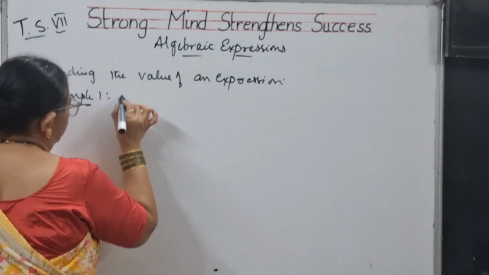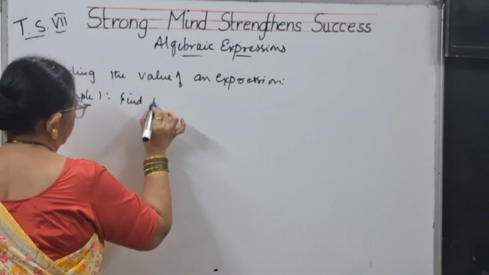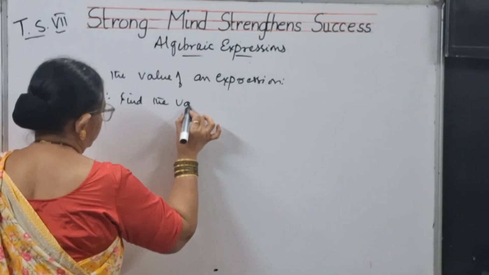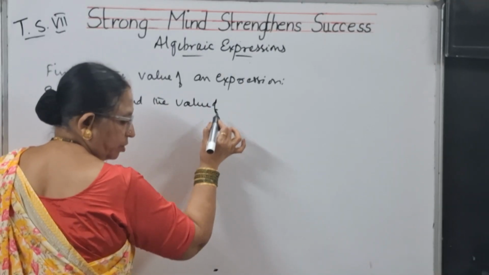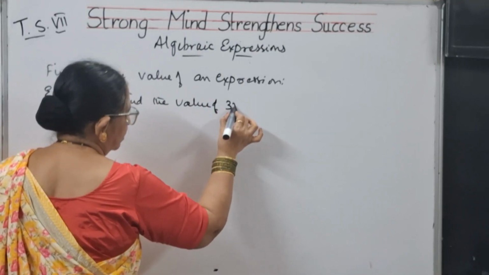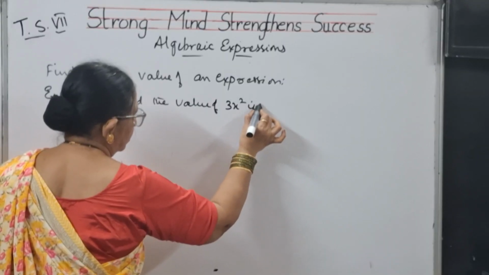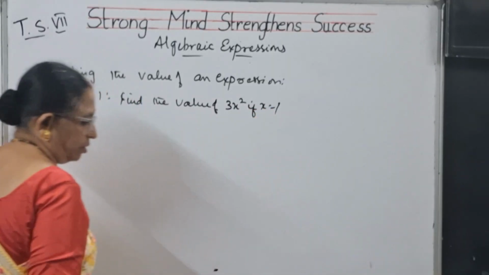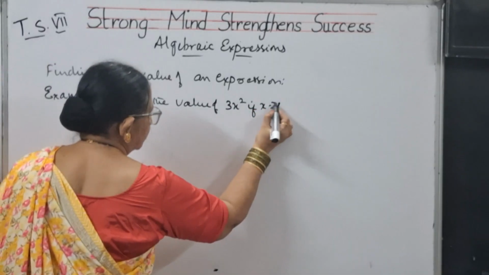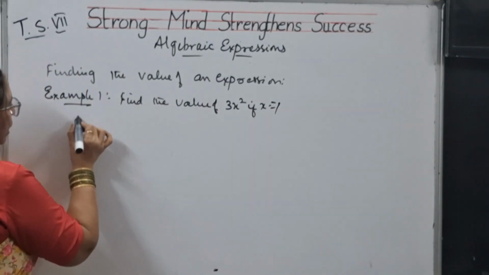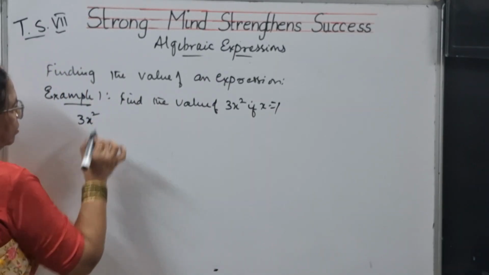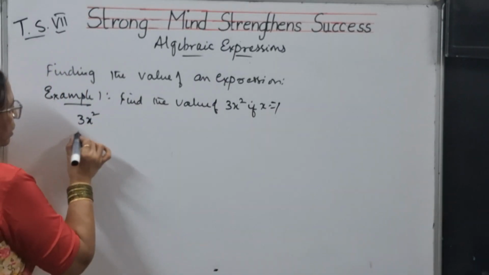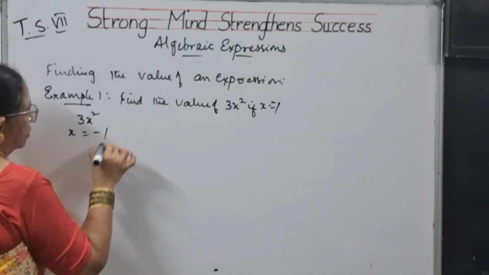Find the value of 3x square if x is equal to minus 1. So they are asking to find out the 3x square value where x is equal to minus 1.